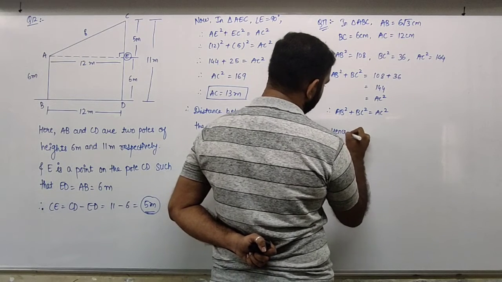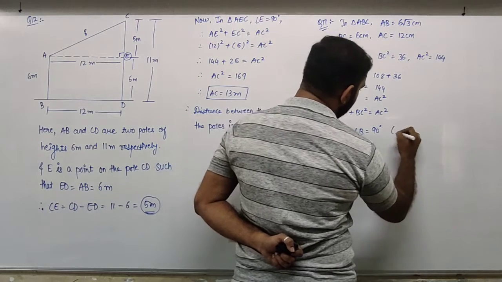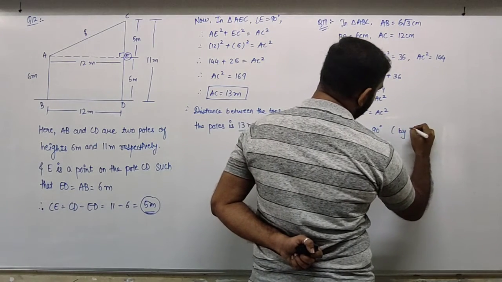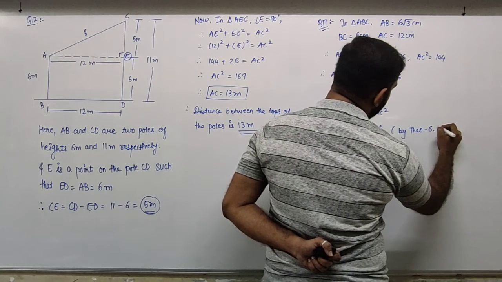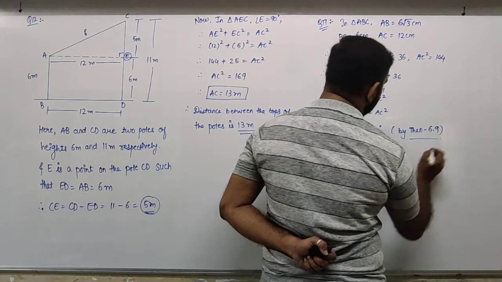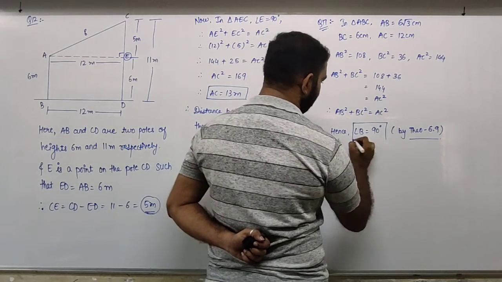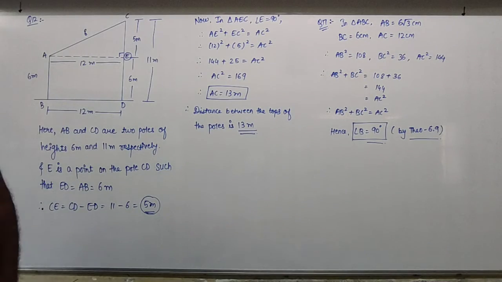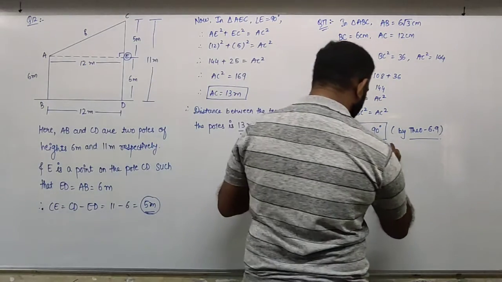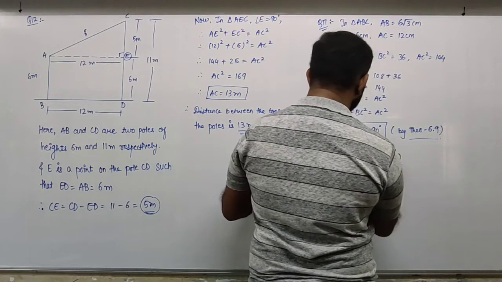Hence, angle B is equals to 90 degree by theorem number 6.9. Right? The converse of Pythagoras theorem. So option 90 degree વાળો જે હોય એ તમારો આન્સર સાચો અને option C is the correct answer.